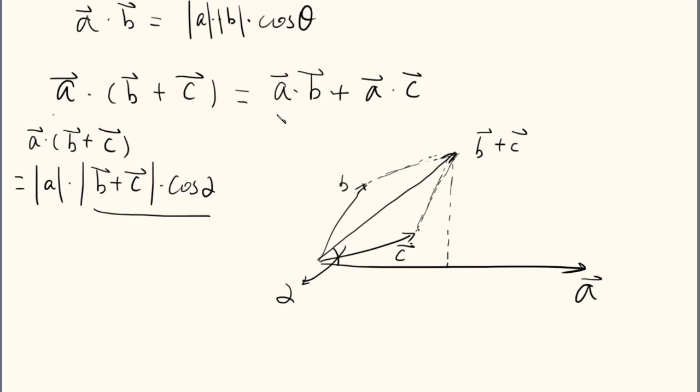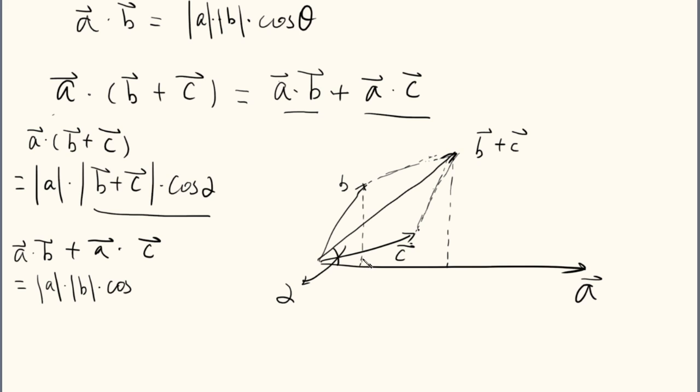Then let's look at the right part. Vector A dot vector B plus vector A dot vector C is A times B times cosine beta, where B cosine beta is the component of vector B along vector A, at this part and the angle here is beta.